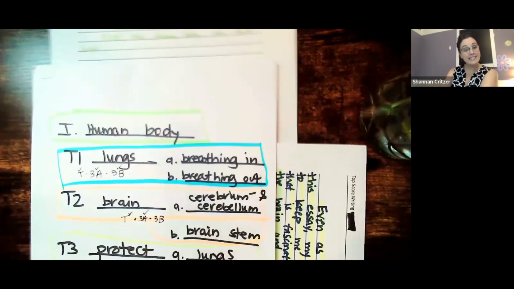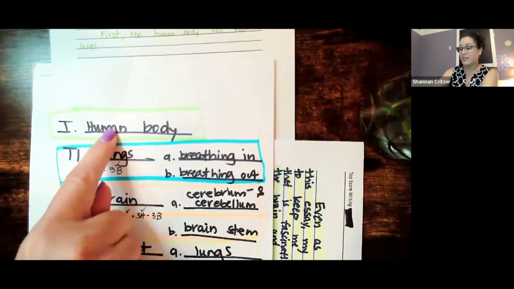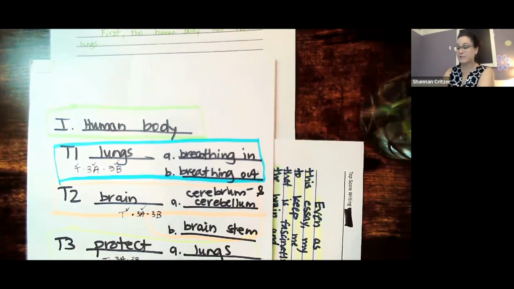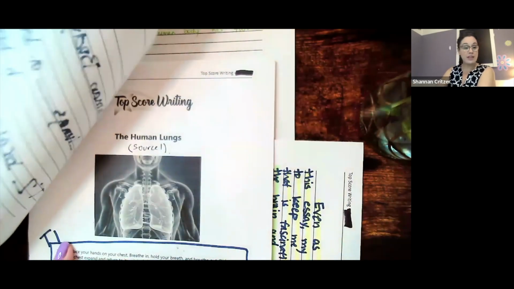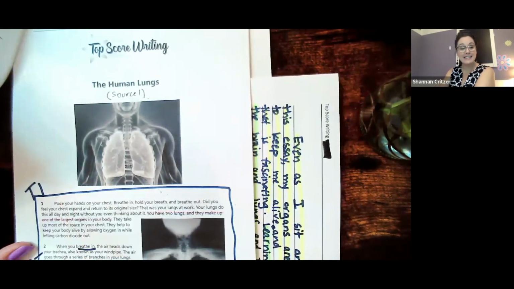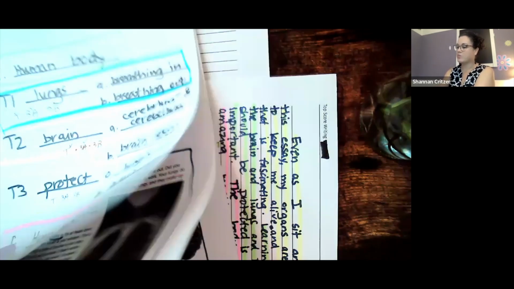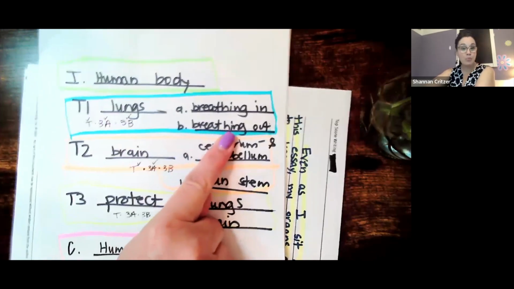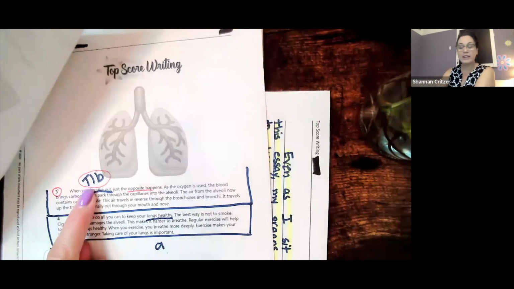We have outlined, we have made sure that we know each one of the parts of our outline is for a different paragraph. We have boxed and labeled our text set, so that we know if we want information for our essay for T1B, T1B is about breathing out, I know where to find it.